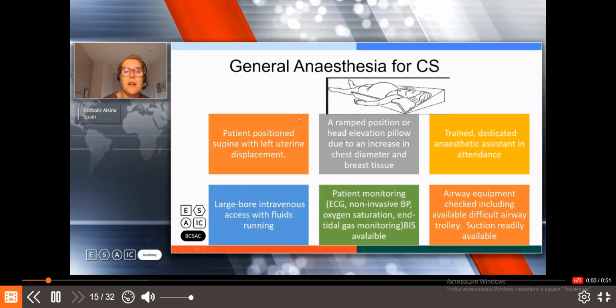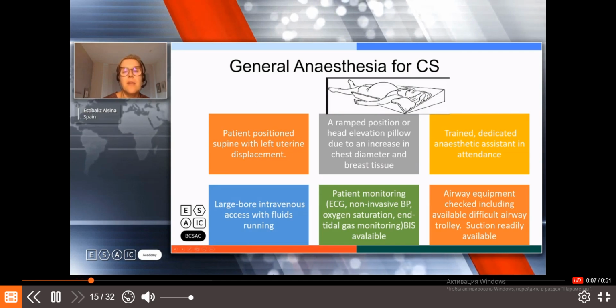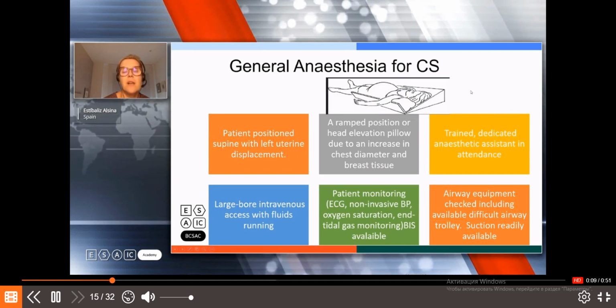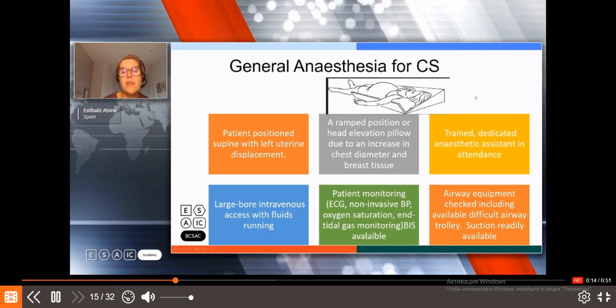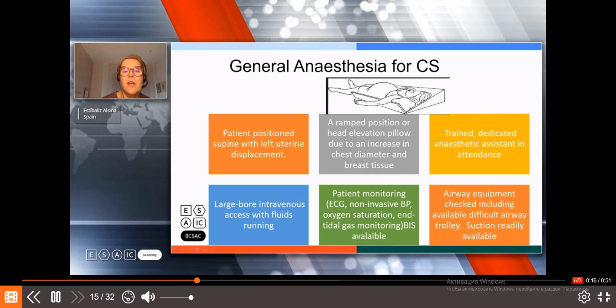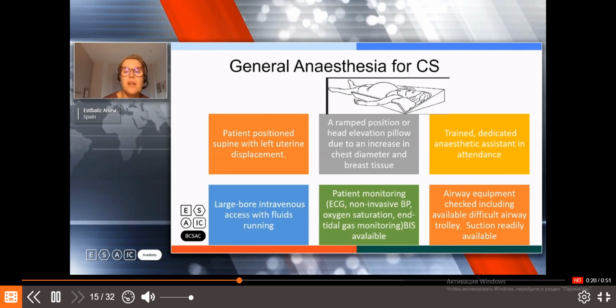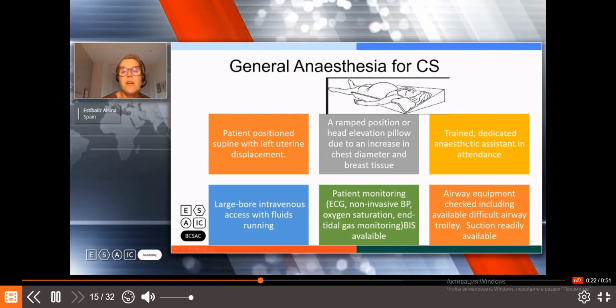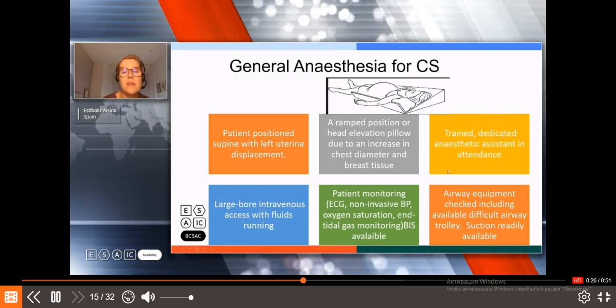As general characteristics for general anesthesia, the mother has to lie down with the left uterine displacement, left tilt position, to relieve the aortocaval compression. We also have to have the ramp position with the head elevated. The most trained anesthetist of the shift has to attend the mother.